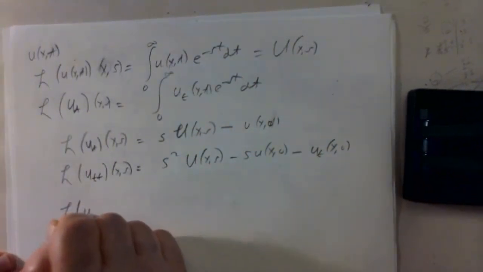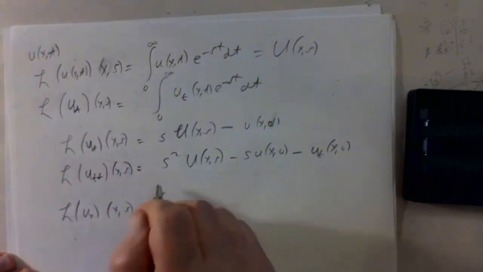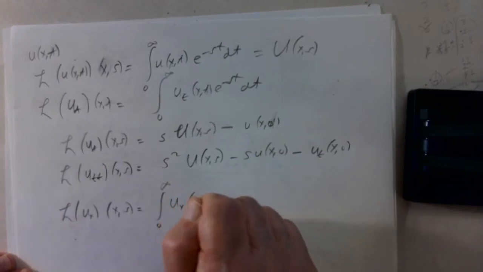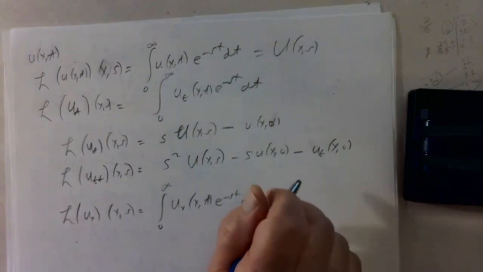And if we take the partial with respect to x, that's even easier. So that's just the integral from 0 to infinity, u sub x of x, t, e to the minus st dt.